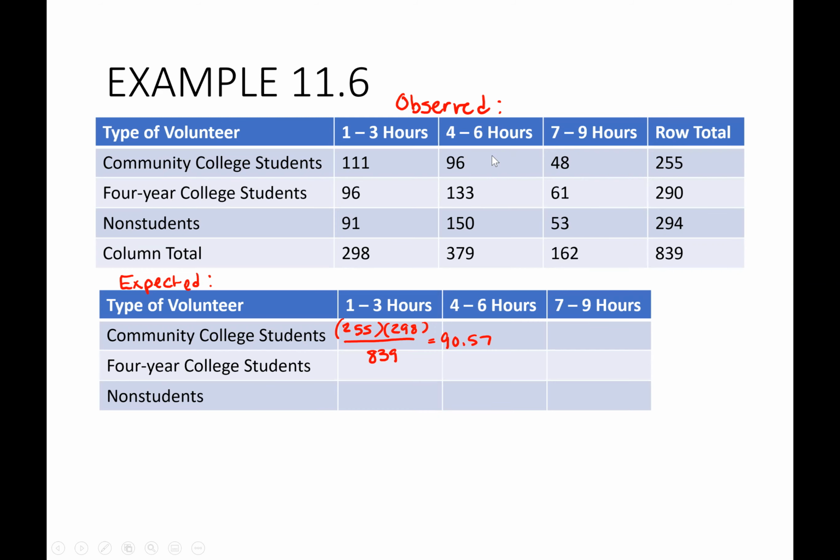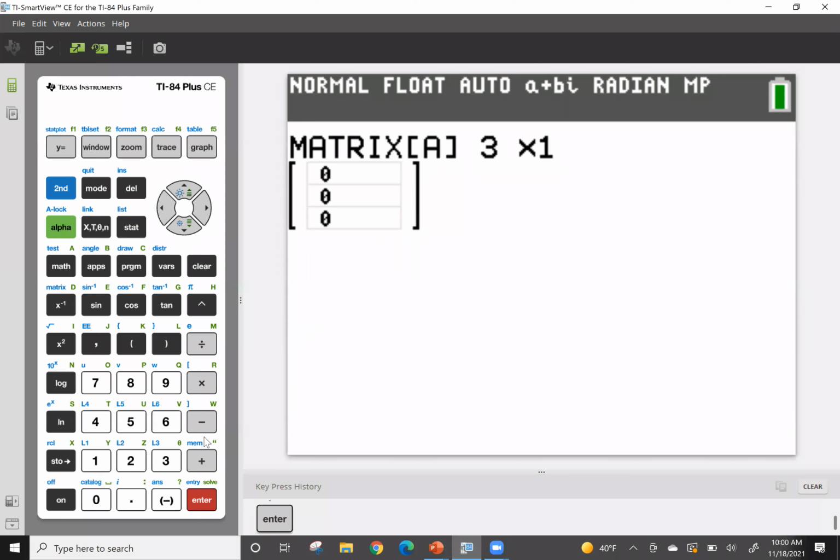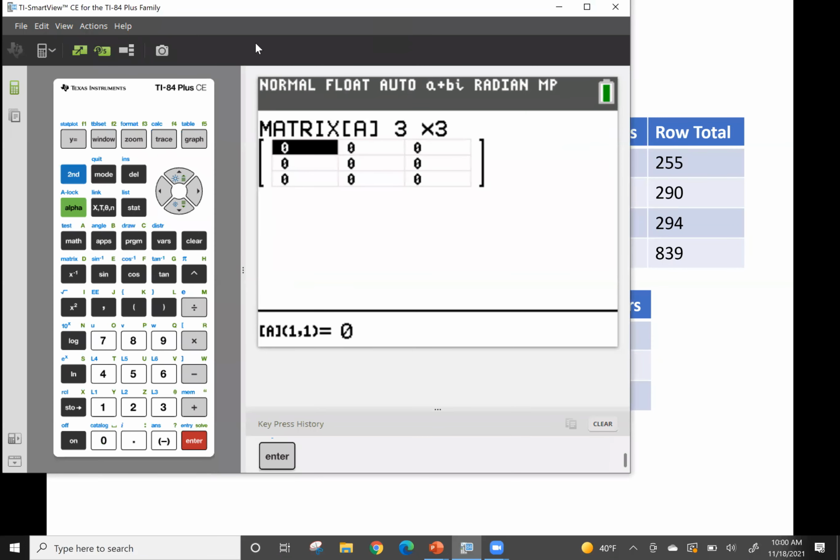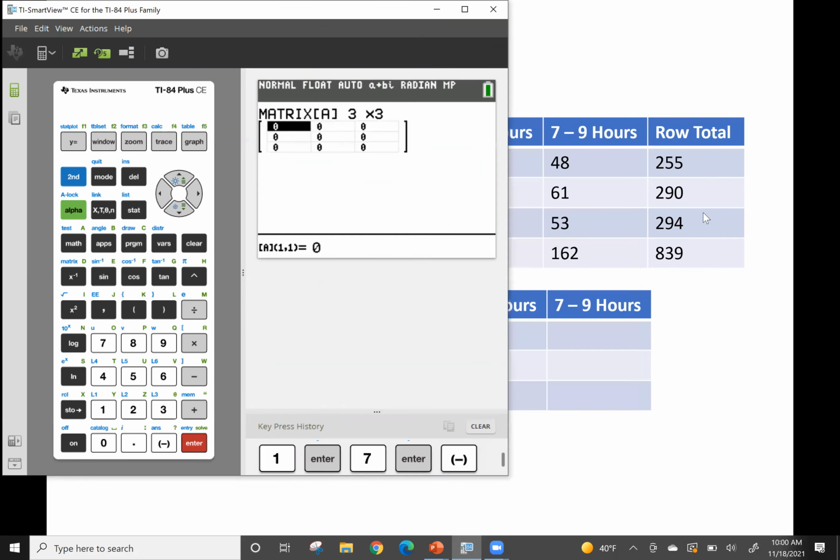So the second number I put into my calculator is the number of columns. And then I input those cells. Let me see if I can make this small enough that we can see both the table. And let's do this.